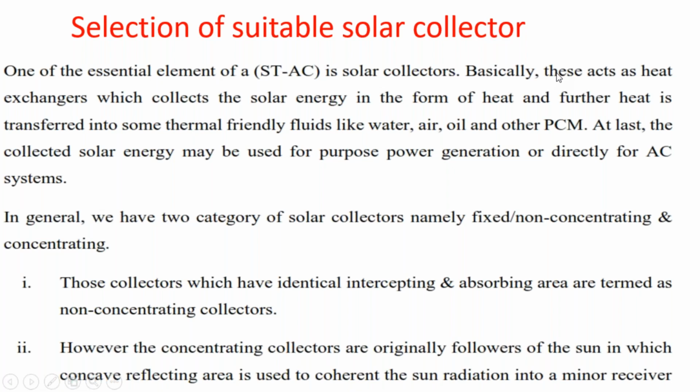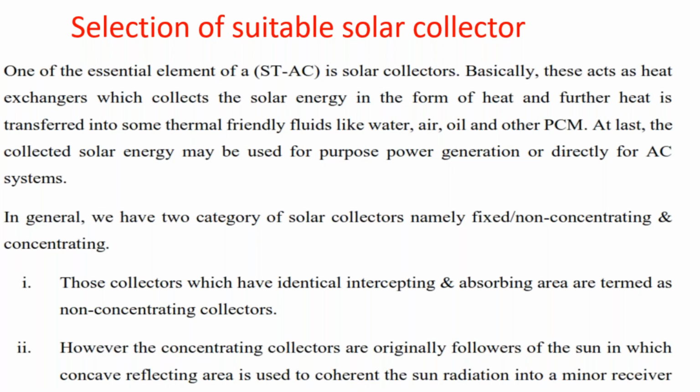Basically, it acts as a heat exchanger, which collects solar energy in the form of heat, and the heat is further transferred into a thermally friendly fluid like water, air, oil, and other PCM. PCM means phase changing material.